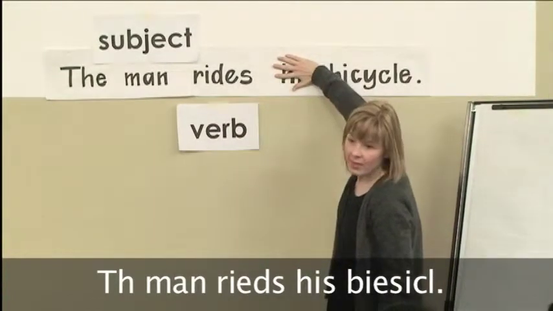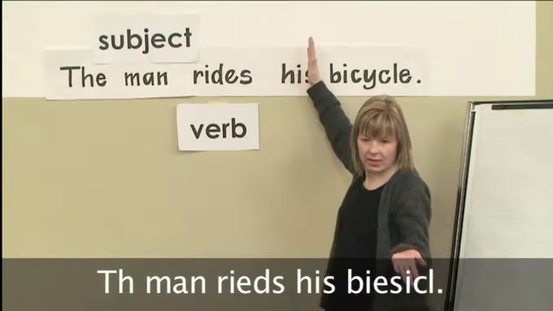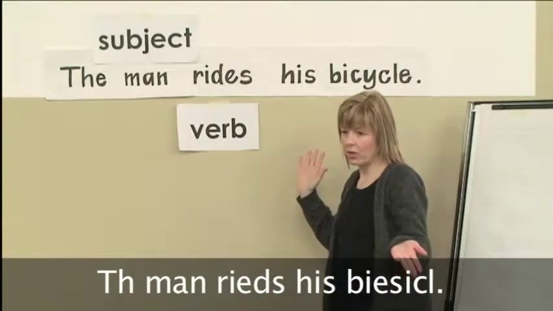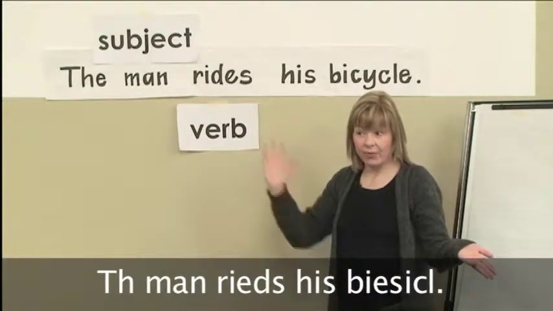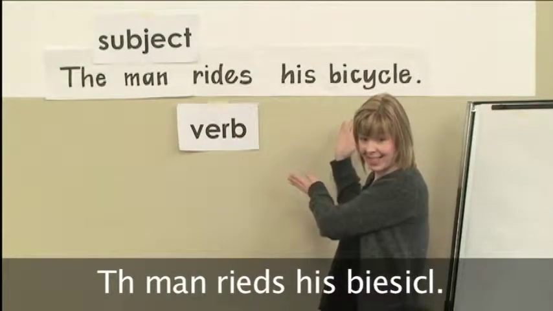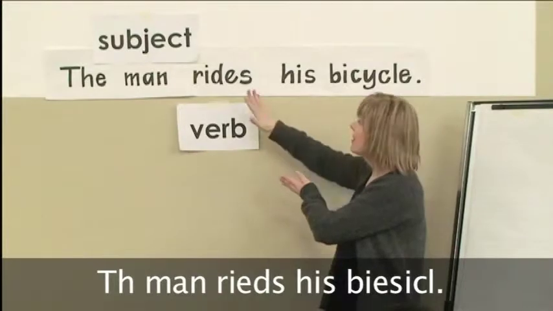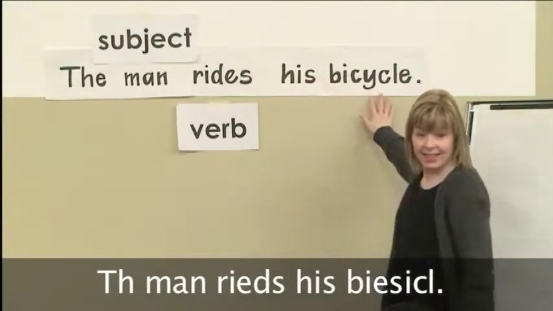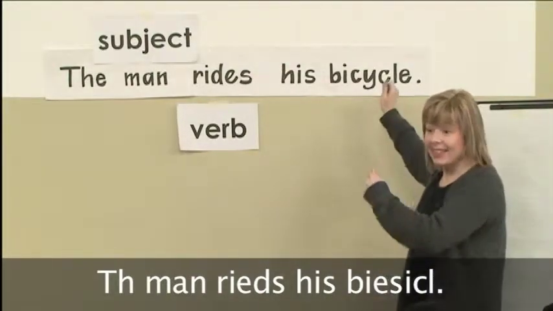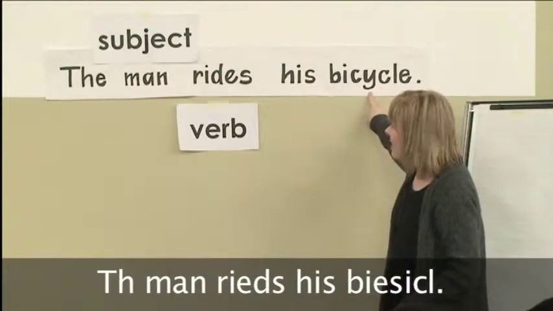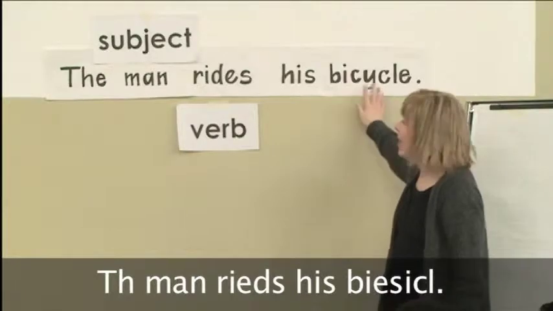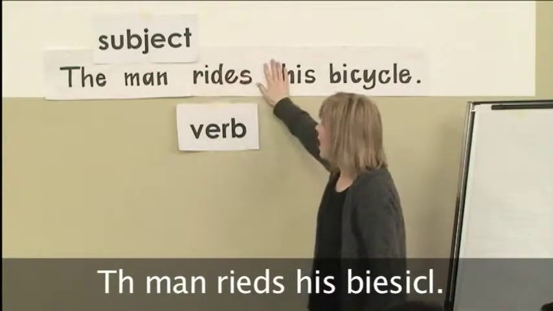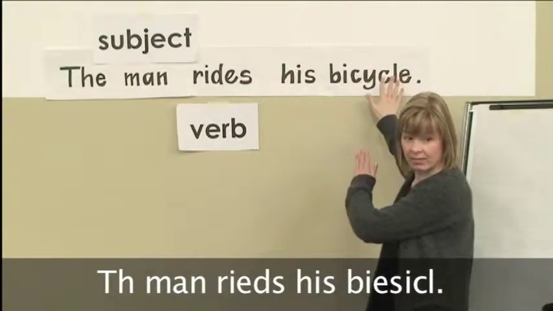Now, we need more than the man rides. We don't know what he rides. Maybe it's his scooter. Maybe it's his donkey. So we need to finish that sentence. The man rides what? His bicycle. So that's called the object of the verb. Because the man rides, we still need more information.